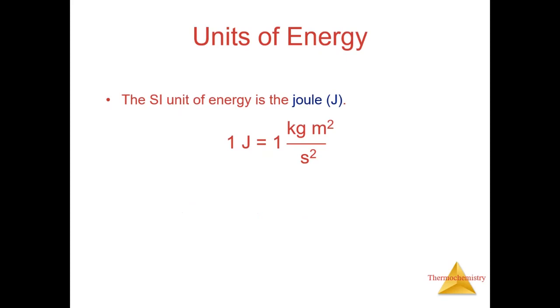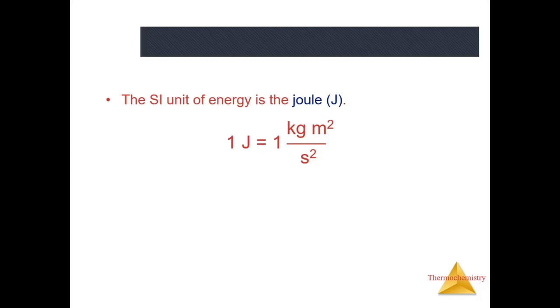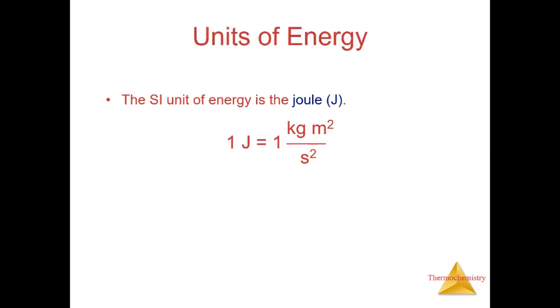A joule is moving an object of mass m, sorry, let me back off that. A joule is moving an object that weighs 1 kilogram by 1 meter squared per second squared. So what we're doing is taking the mass and multiplying it by the velocity squared. By definition, that's 1 kilogram moving 1 meter per second squared. There's another unit.